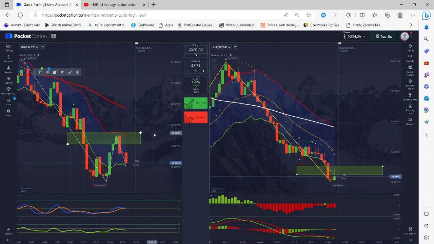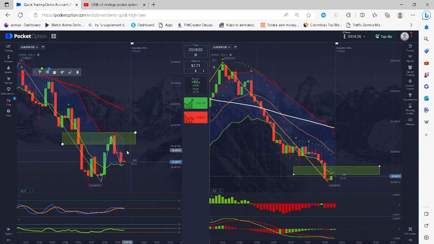The height of it is 29.497, 29.4975. Okay, so that's it. We have that fair value gap right now. But you see the stochastic already crossed, signaling that our sell is not going to come up again.